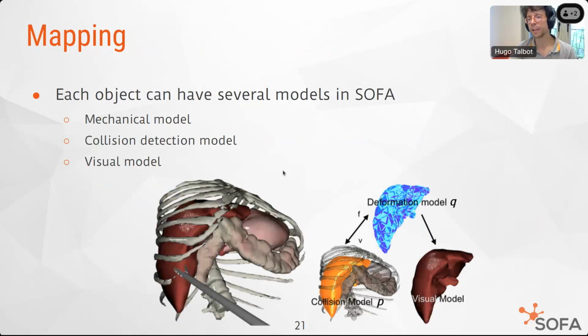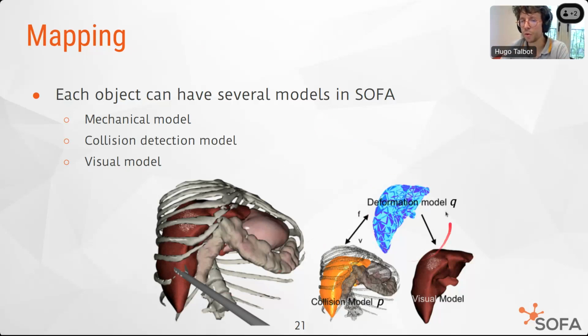And the last principle, and for me it's one of the most important principles of SOFA, is the fact that we can define for one single object, here I'm actually using the lever that you find here below the rib cage, different representations. We can decouple different models, different representations.